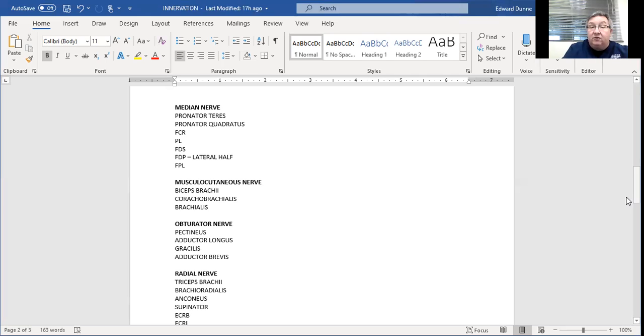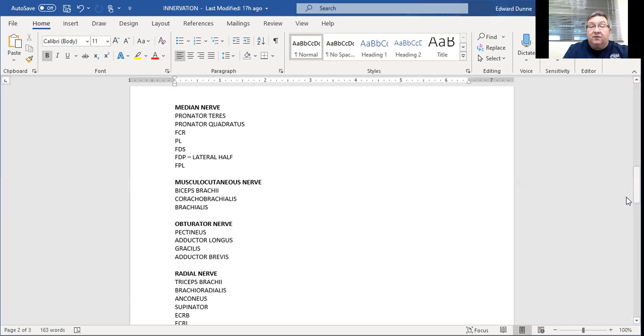That's the flexor digitorum profundus. Remember, we've spoken about that. Those two muscles are very, very important. So remember, median nerve innervates flexor digitorum superficialis and profundus. Superficialis does not do the DIP. Profundus does the DIP. Very important.